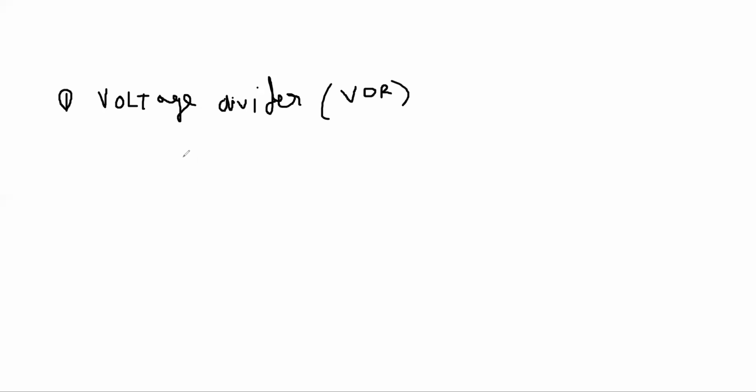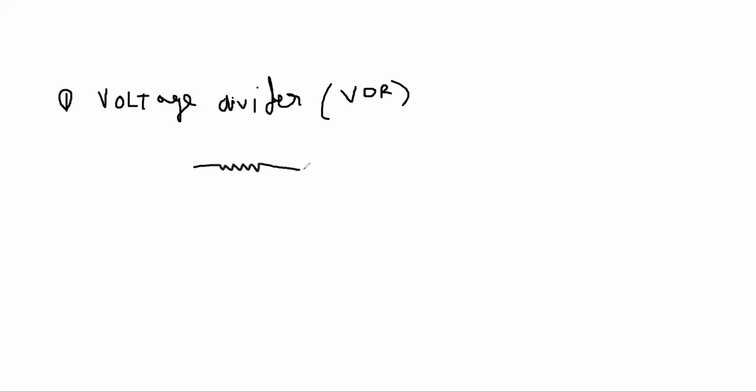So what is the voltage divider rule? It is used when the resistors are in series. This you have to note: the voltage divider rule is used only for resistors which are in series.